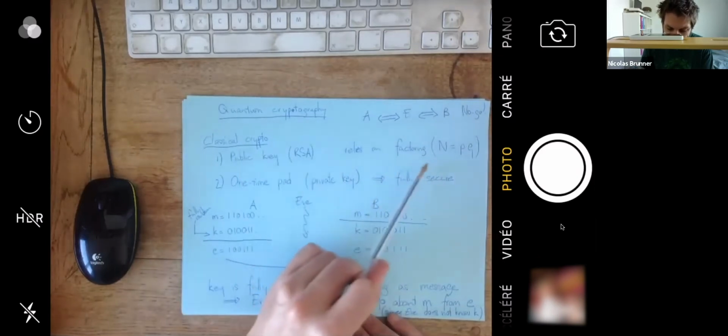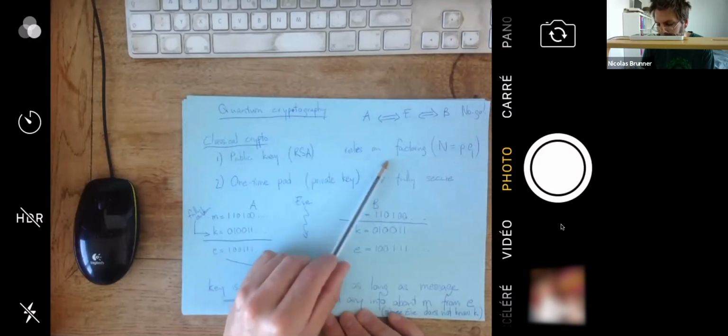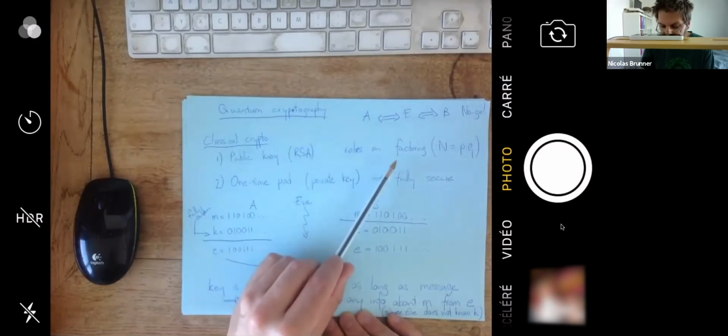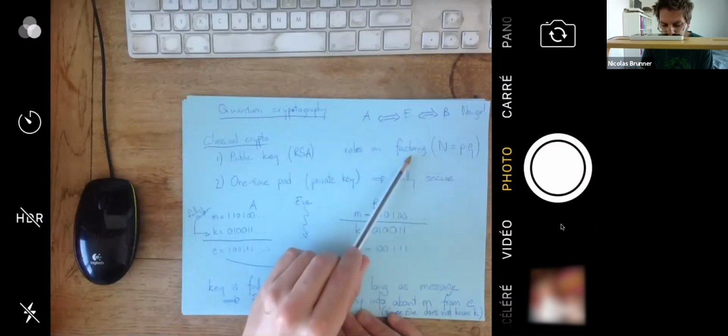But then you see the security is only of computational nature. That means it's based on the assumption that the eavesdropper has limited computational power, in particular, that the eavesdropper cannot solve the factoring problem easily.